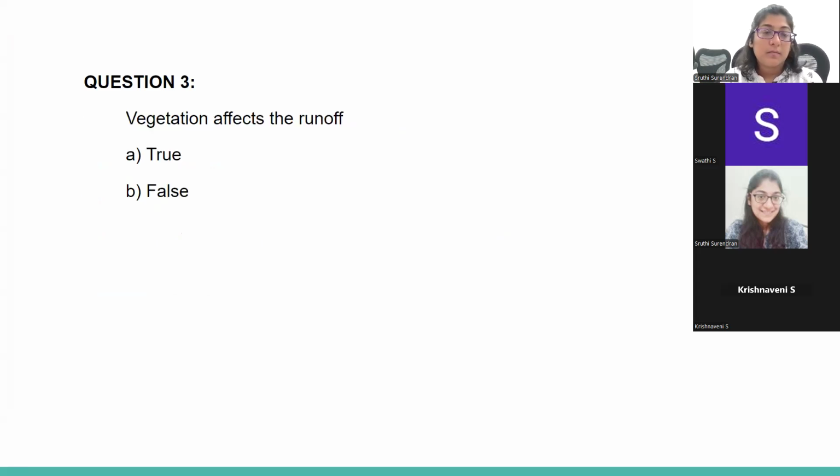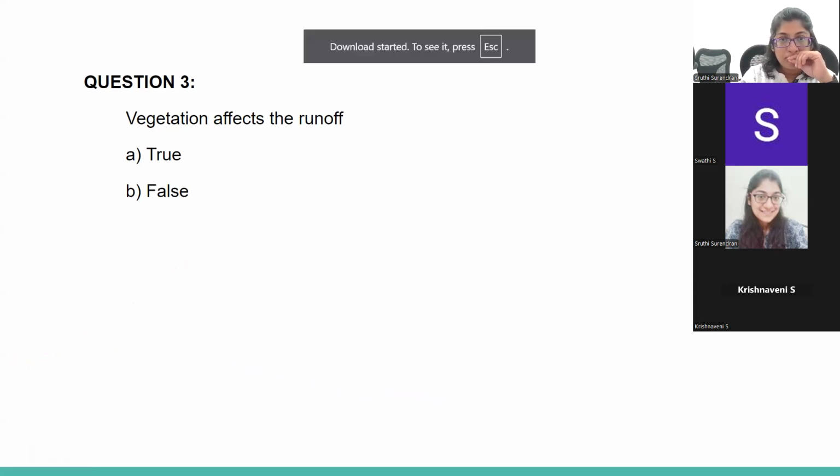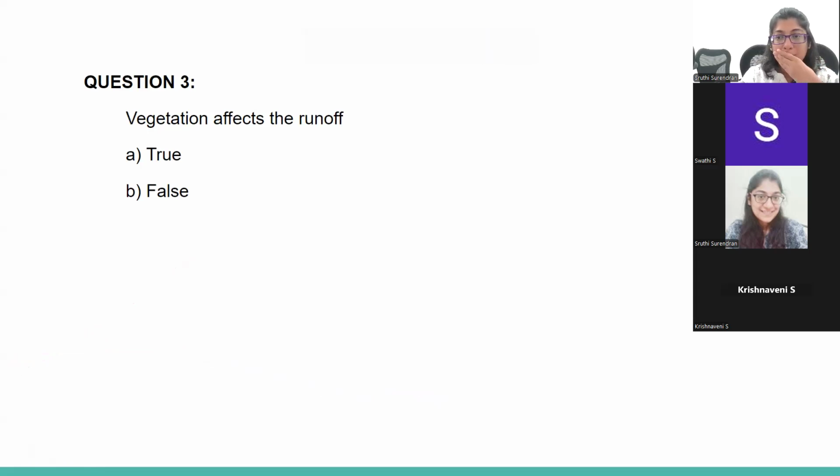Next question: is this statement true or false? Vegetation affects rainfall. The statement is true.